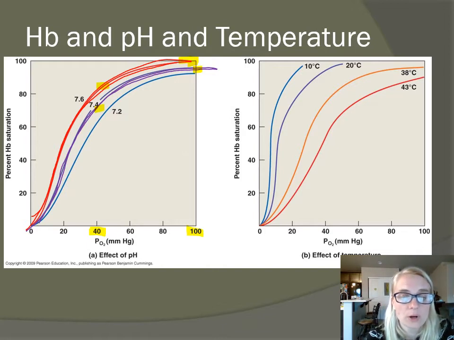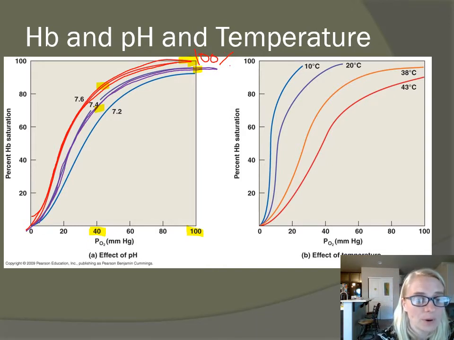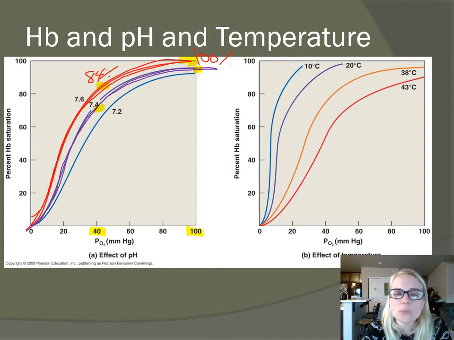At 100 partial pressure, we are pretty close to 100% saturated. Hey, that's pretty good, right? We are even higher than we would be at normal. But take a look at what happens out at your tissues. We're now probably about 80, maybe 84%, kind of guessing on that.